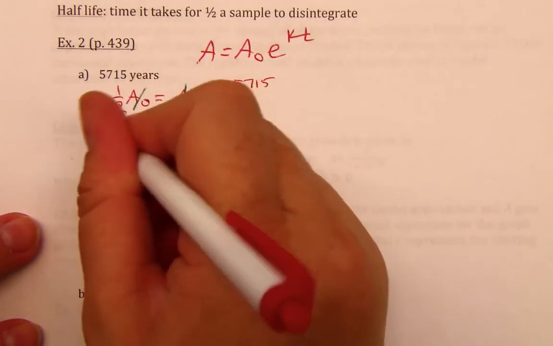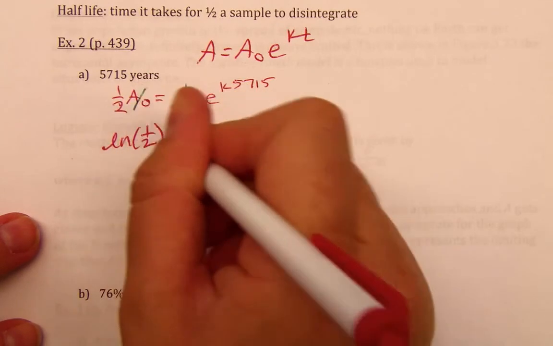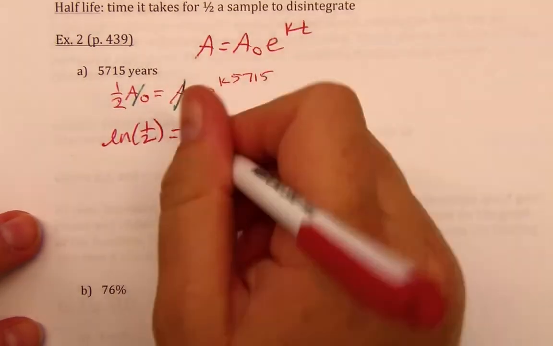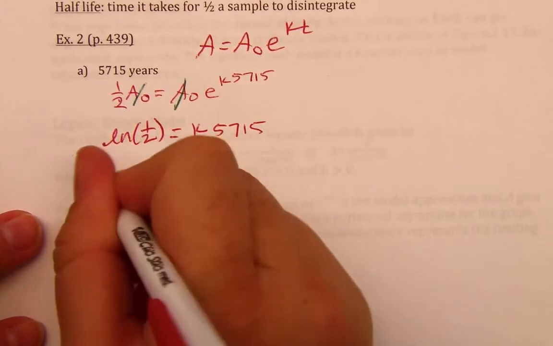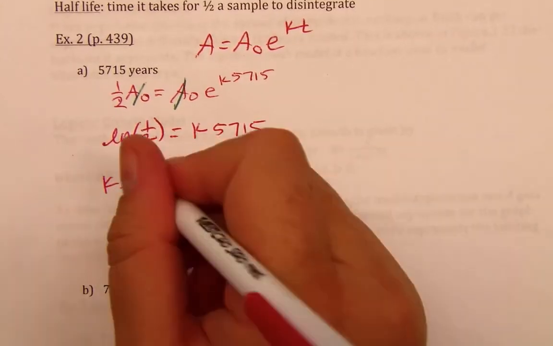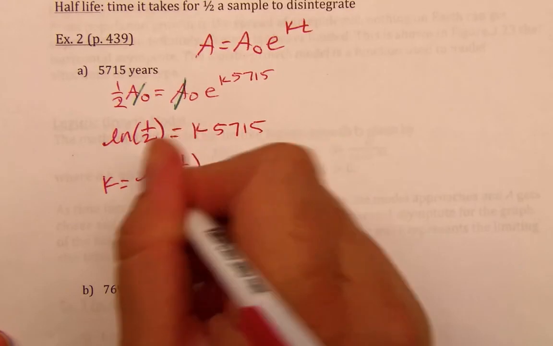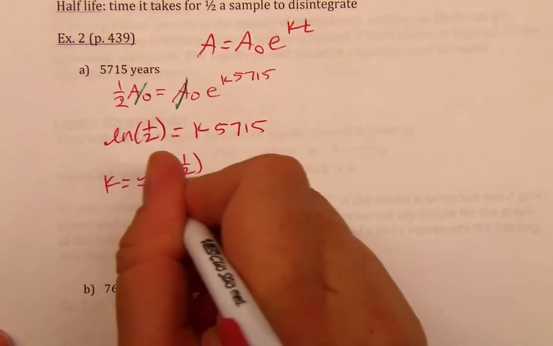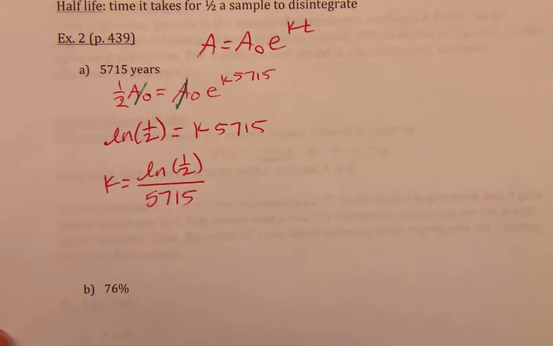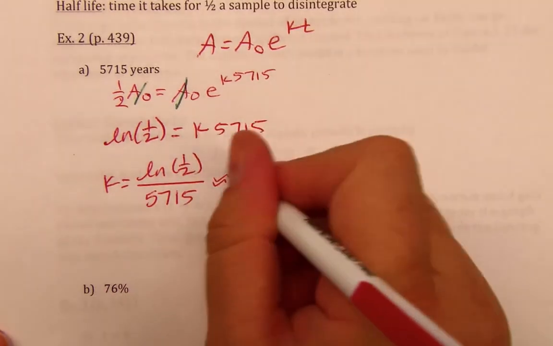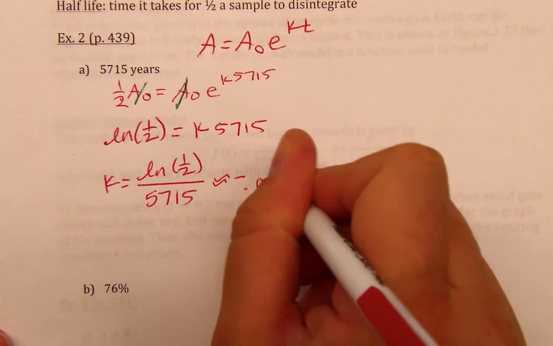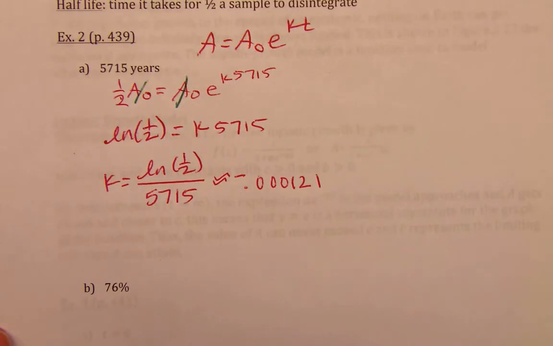Well, we can take the natural log of both sides, and that e will go away, and we just have k times 5715. So then k is equal to natural log of 1/2 over 5,715. Plugging that into our calculator, we get k is negative 0.000121.